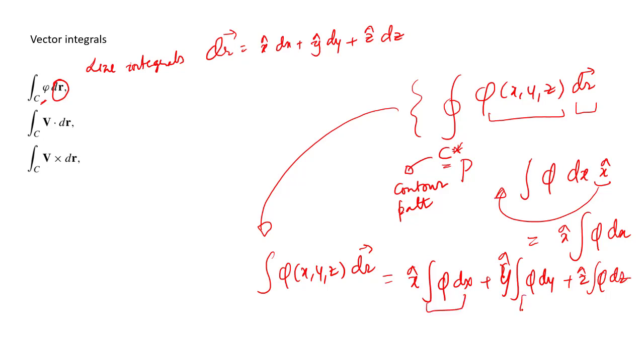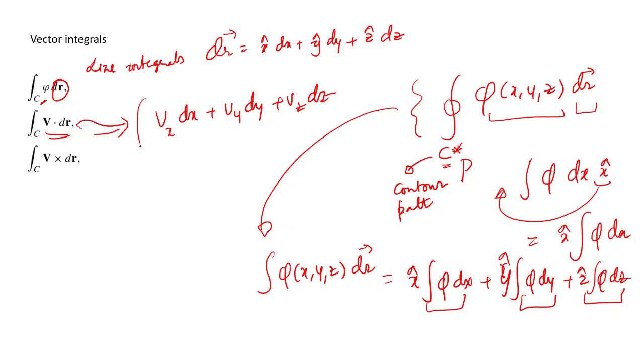Now, each of these integrals is simply a scalar integral, so you can easily compute them. You can do a similar thing for the dot product. If you have v dot dr, then you essentially get vx dx plus vy dy plus vz dz as the integrand for the dot product, and then you are integrating it along the contour.